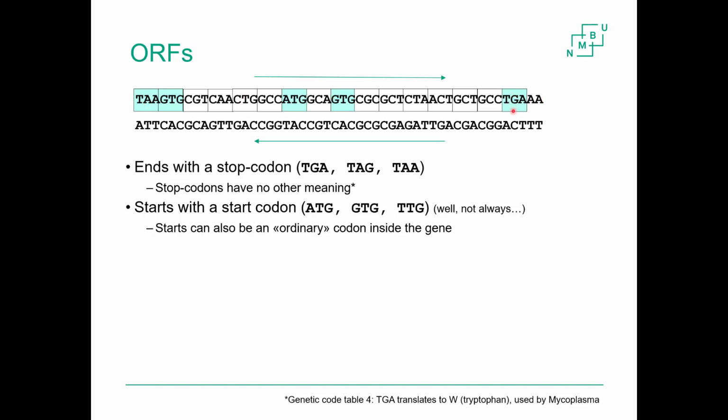So for this stop codon we have now found 3 possible ORFs: this one, or this one, or this one. The one which is most upstream we call the longest ORF, or just LORF, short for longest ORF.